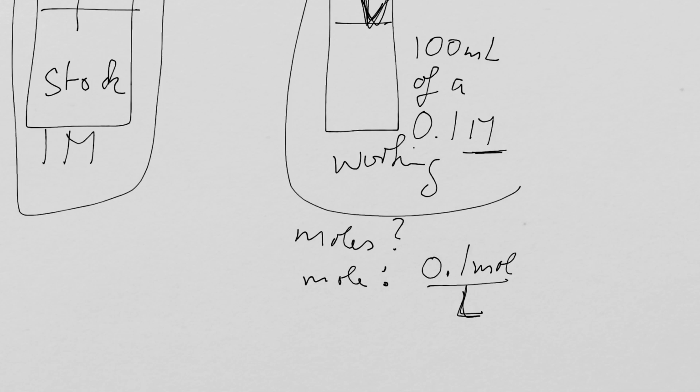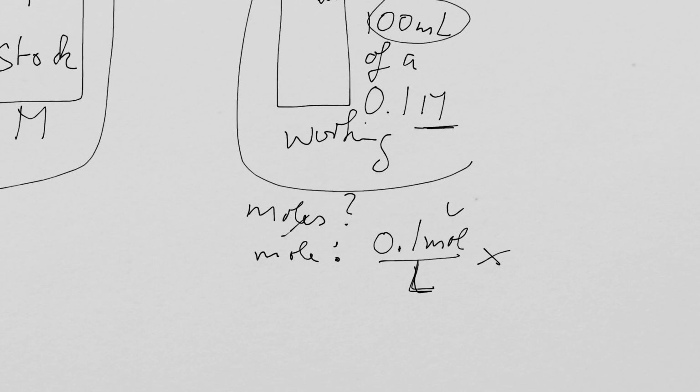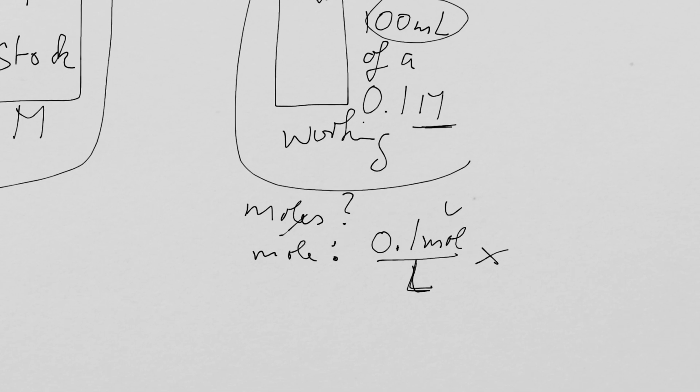Mole is okay. Liter needs to go away. Do we have liter anywhere? Where's the liter? It's up here. So we can write this as 100 times 10 to the minus 3 liter. Liters cancel out.